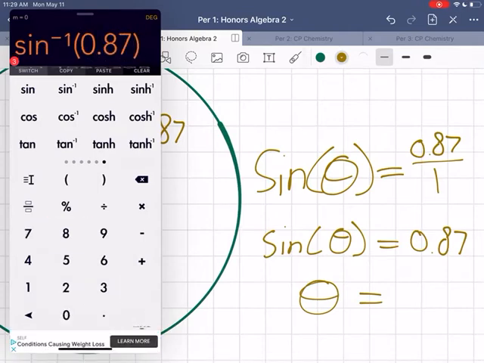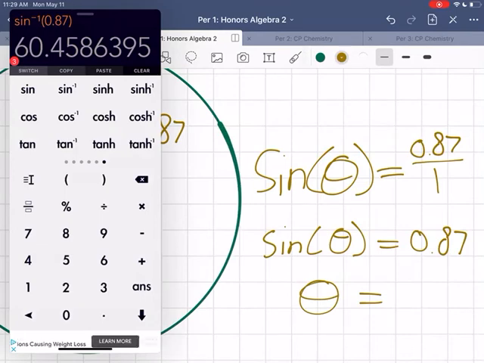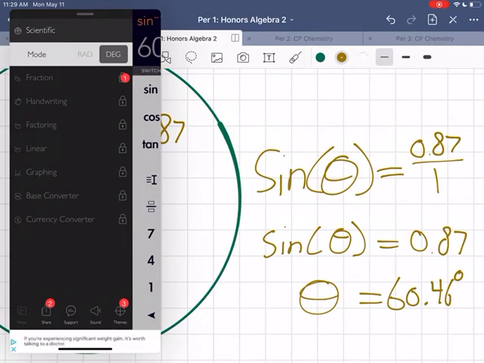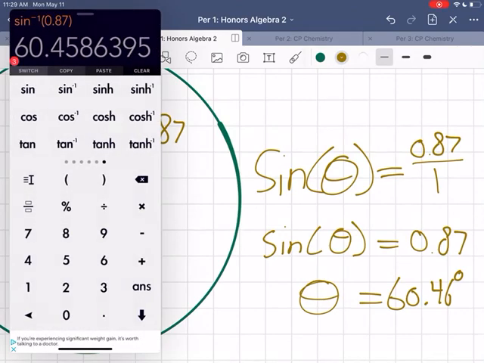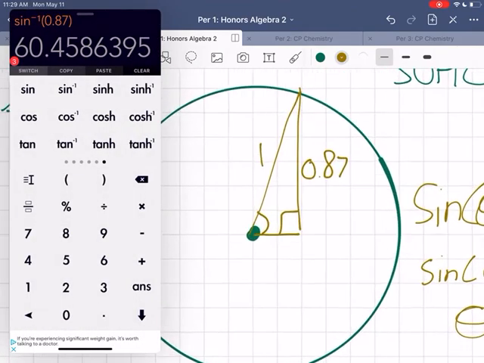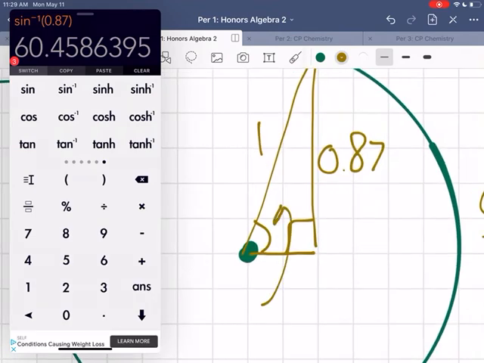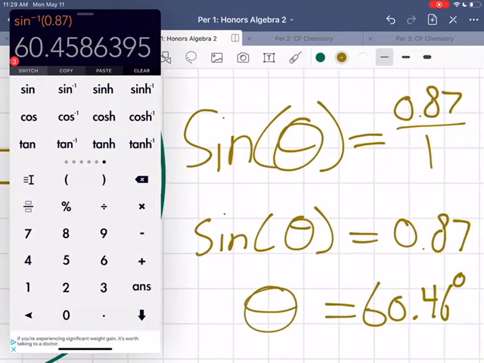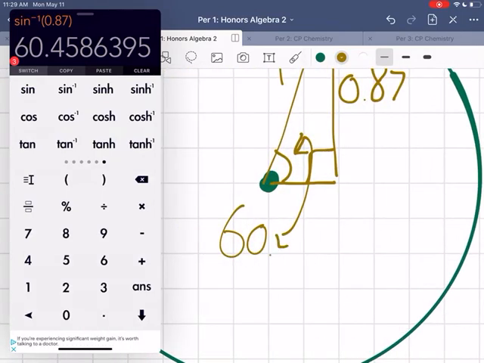The inverse sine of 0.87 is 60.46. And that is in degrees because, again, my calculator is in degrees, as you can see here. And that is the value of theta. So this angle right here would be 60.46 degrees.